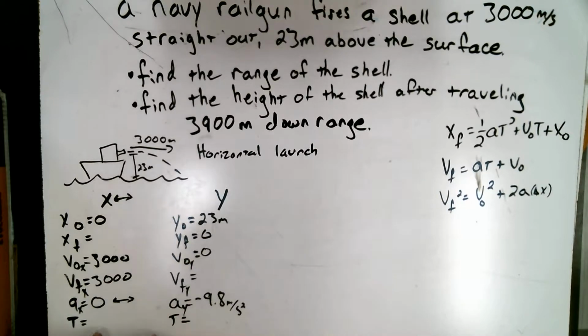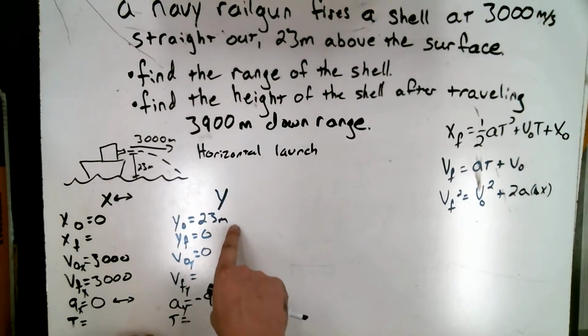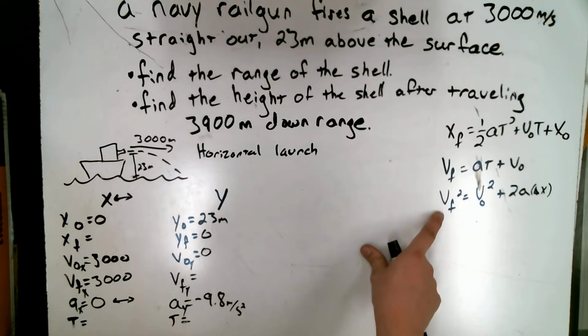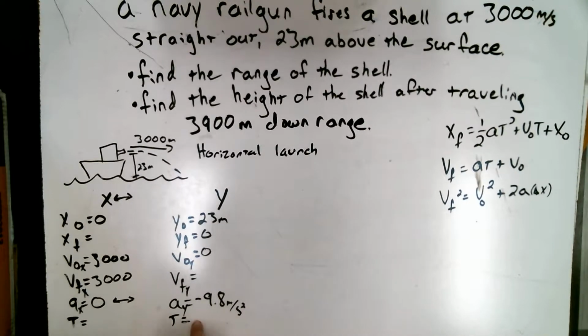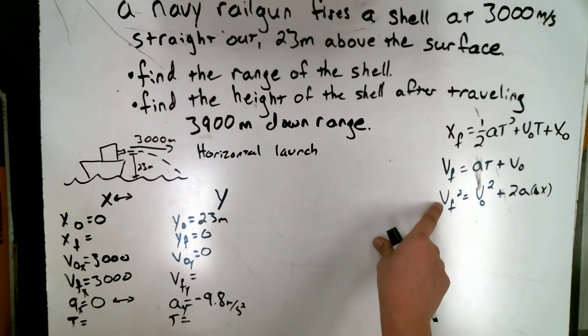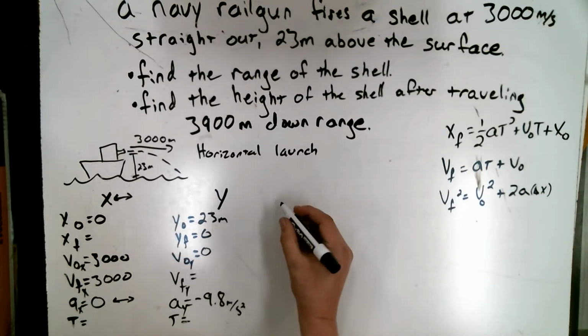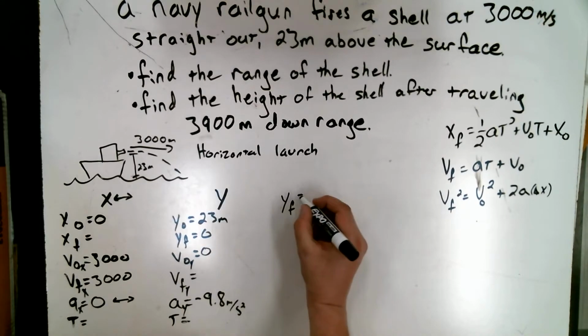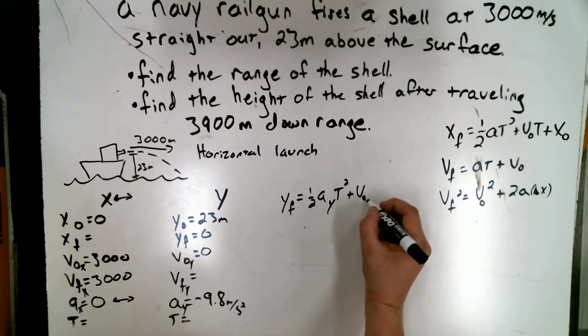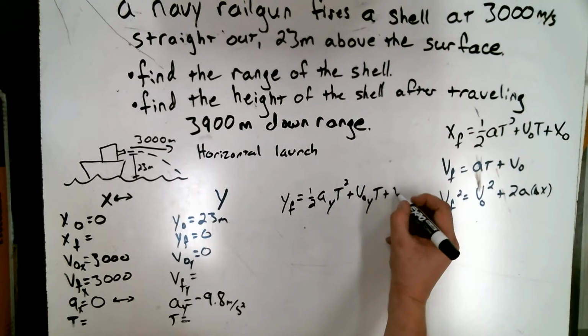So one thing these things do share is my time. This is the number one strategy for solving trajectory problems: find the time something is in the air. So I'm going to go with the y-axis to find when it hits the water. I'm going to take a look at my 3 equations here. I need time. I don't know final velocity, so that one's not going to work. The v-squared equation doesn't have time at all, so I'm going to use the position equation. It's going to be y f equals 1/2 a y times time squared plus v naught y times time plus y naught.